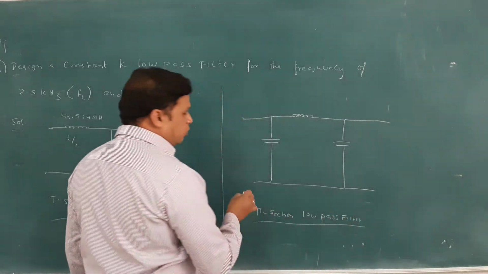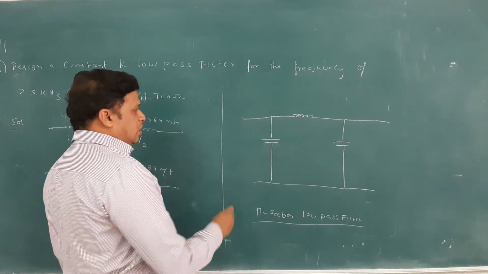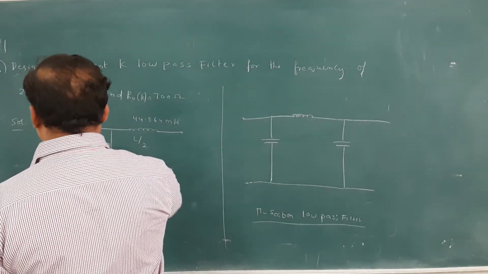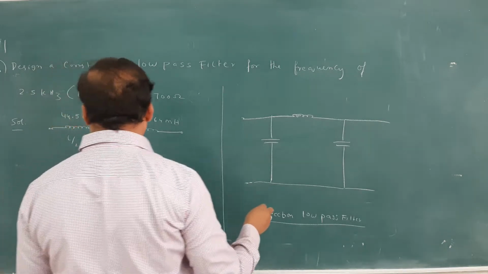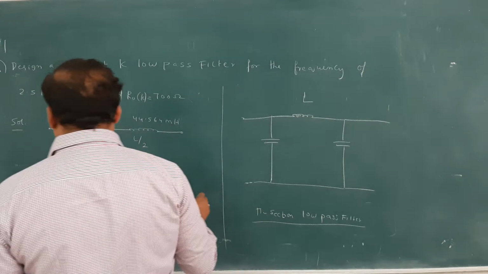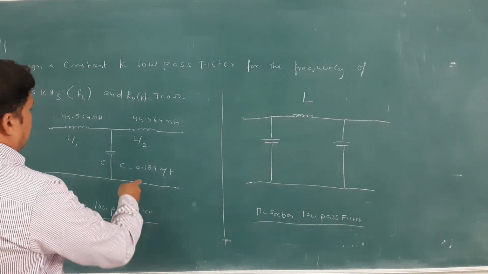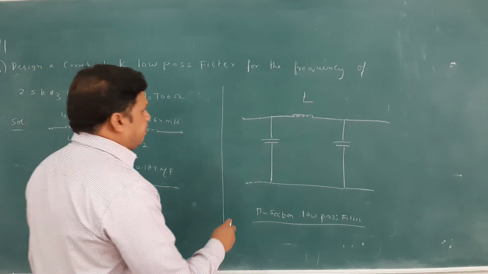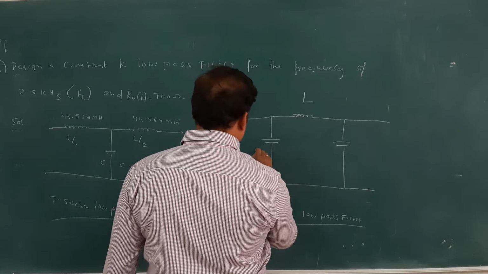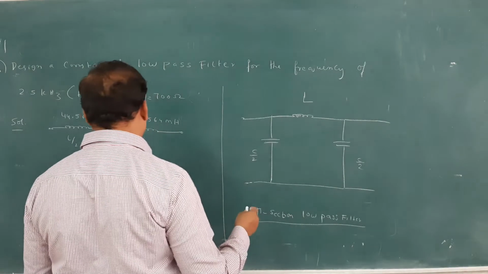Now the question will be asked like that: design the T section low pass and high pass filters. For the values here, we have done L by 2 for the T section. In a similar way, the series impedance and shunt impedance should be calculated now. Here we are writing L, and this one is C by 2 and C by 2. You take half here, C by 2 and C by 2, as they are in parallel and become C when combined.